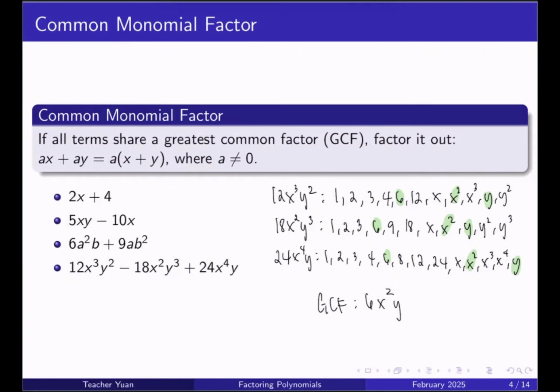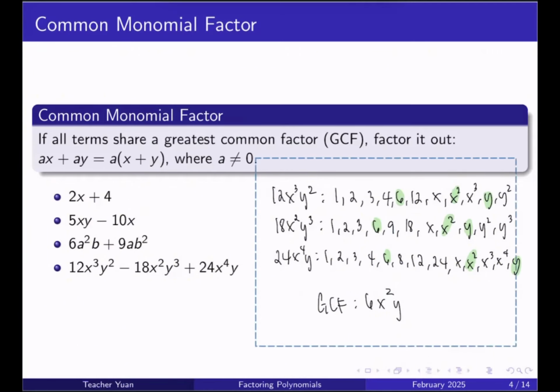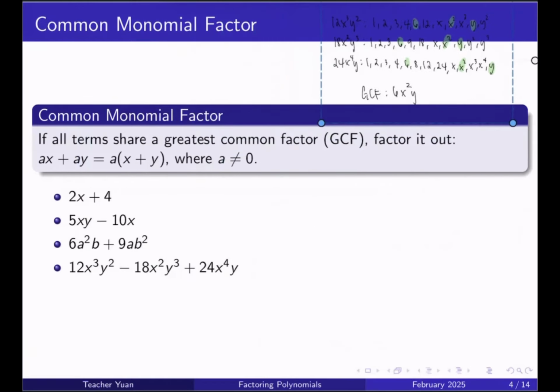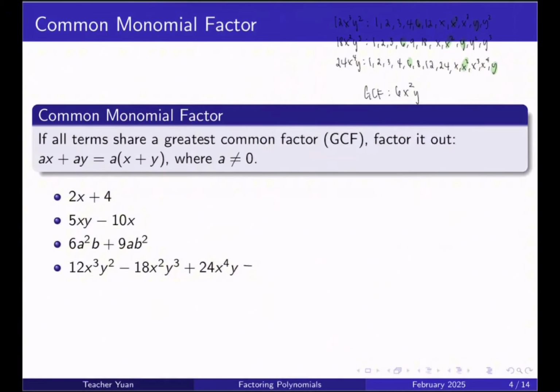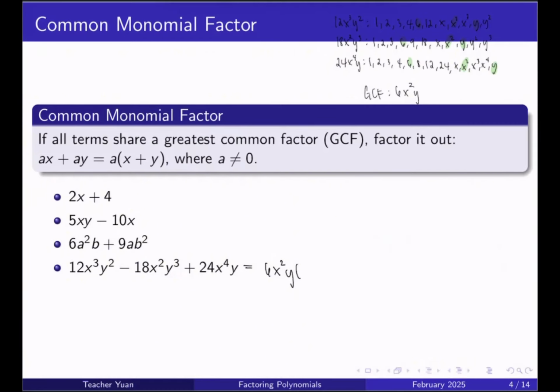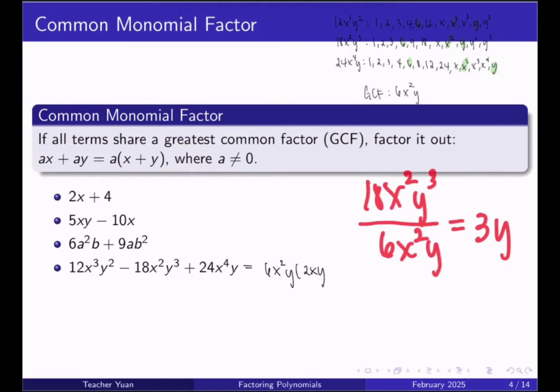So now we can rewrite and factor our original polynomial. So this is equal now to 6x squared y, and we divide each term by the GCF. So 12x cubed y squared divided by 6x squared y is 2xy. 18x squared y cubed divided by 6x squared y is 3y squared.